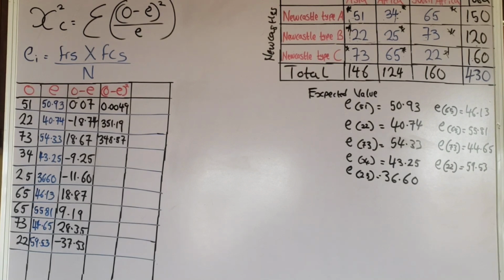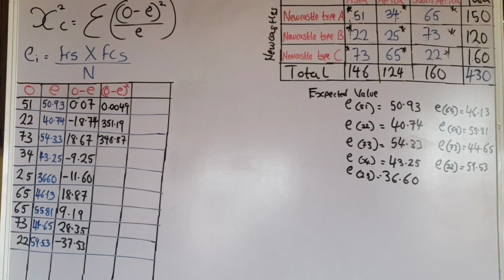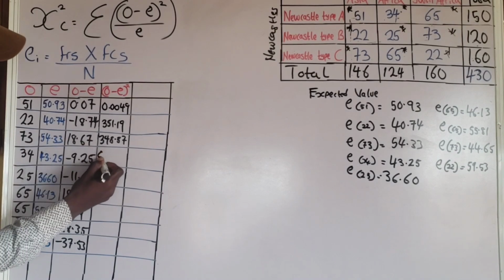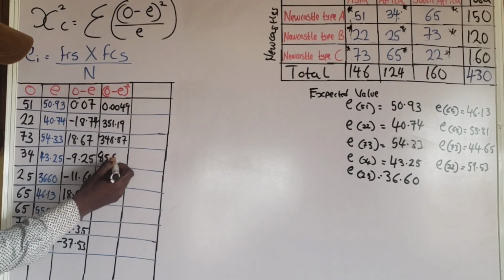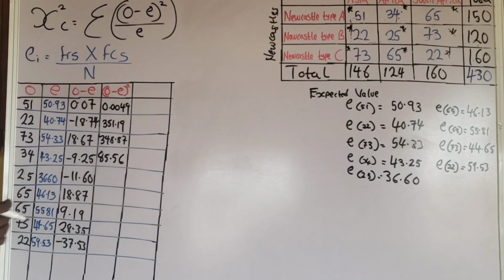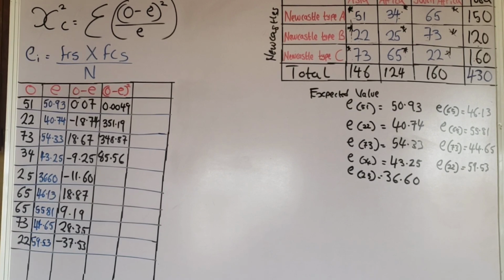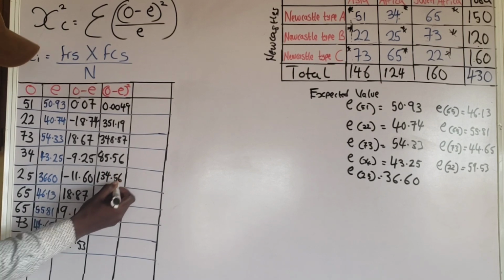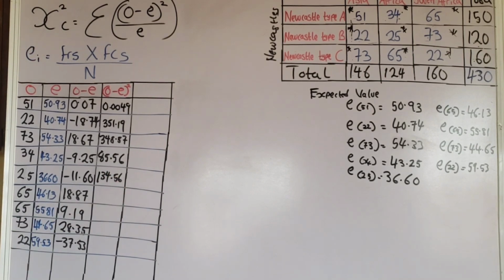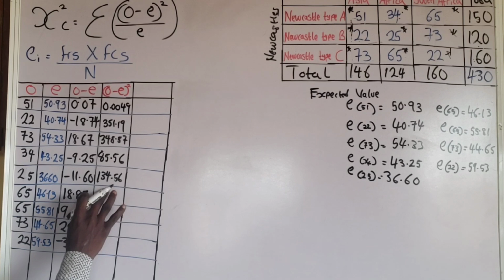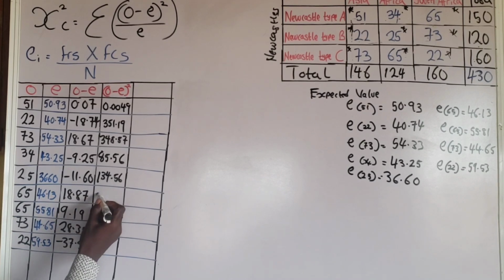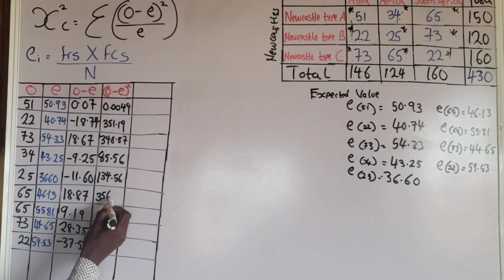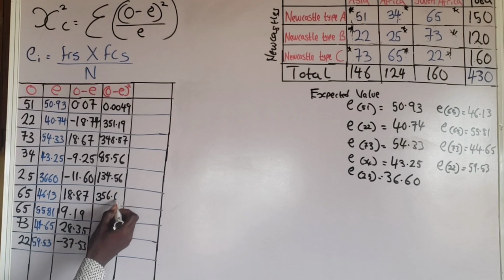For this, negative 9.25 squared, that is 85.56. And for this, negative 11.6 squared, that is 134.56. And for these cells, I'm going to have 356.08.